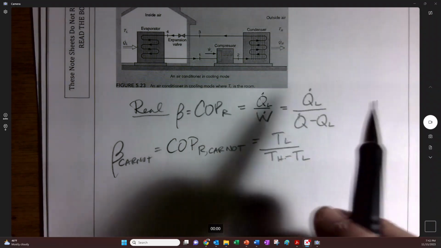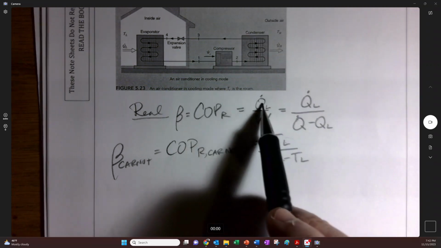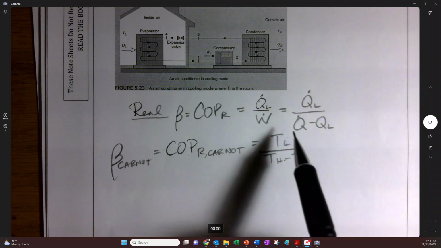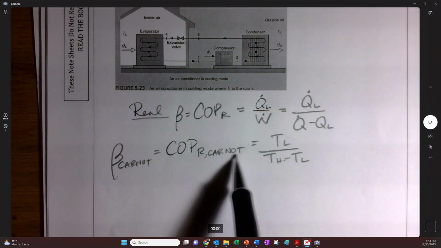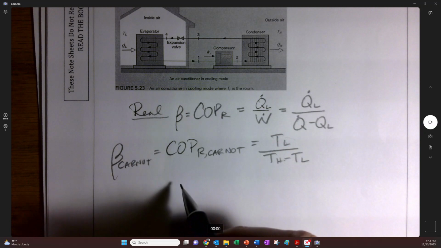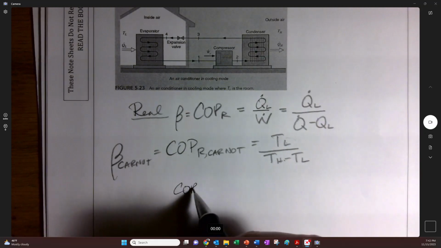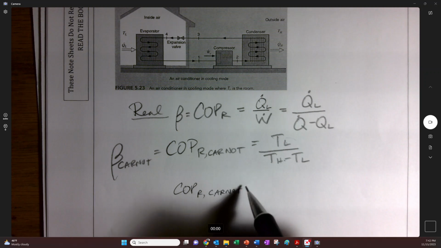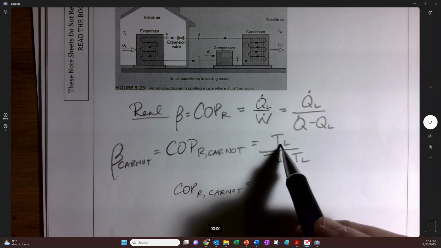And we know that QL is going to be 4 kilowatts. So let's see how much work would be required if we had a Carnot type of refrigerator. So the COP Carnot could be equal to the lower temperature, what do we say?